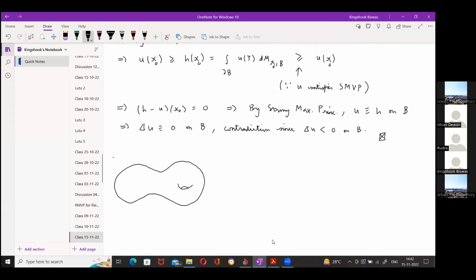That domain may not embed into Rn, so it could be a domain like this, let's say. This could be your domain D in your Riemannian manifold, and this is boundary D, which is C2.